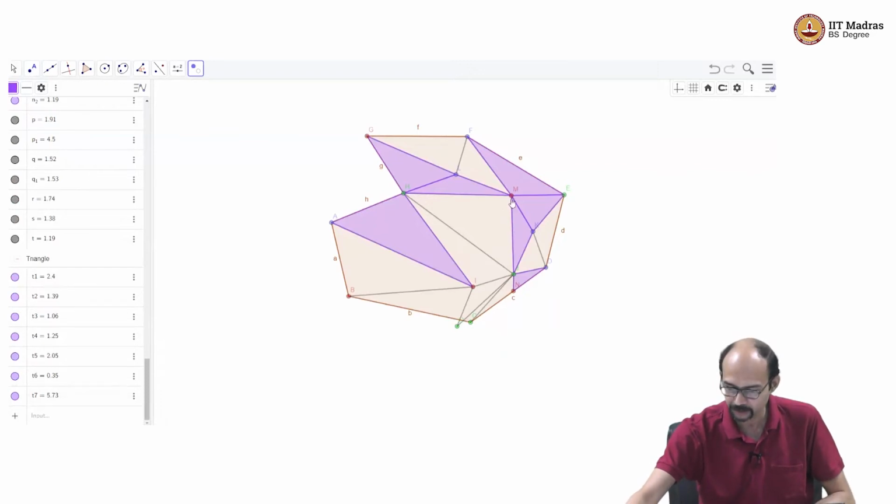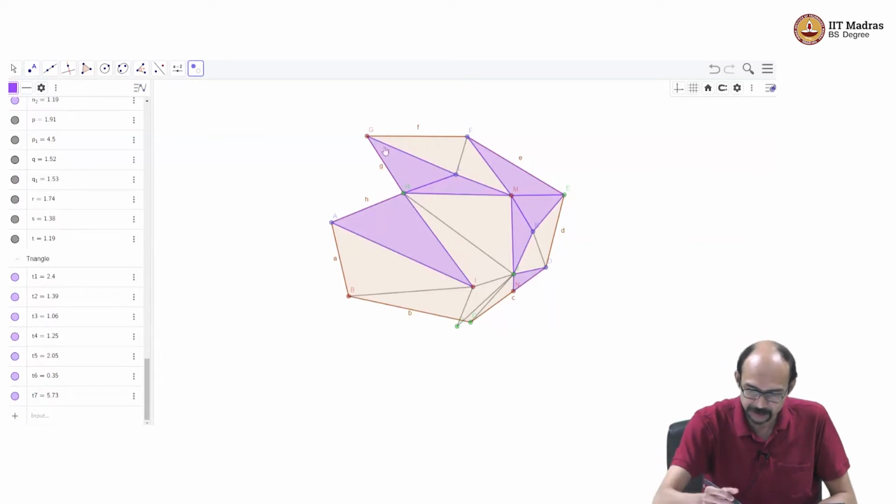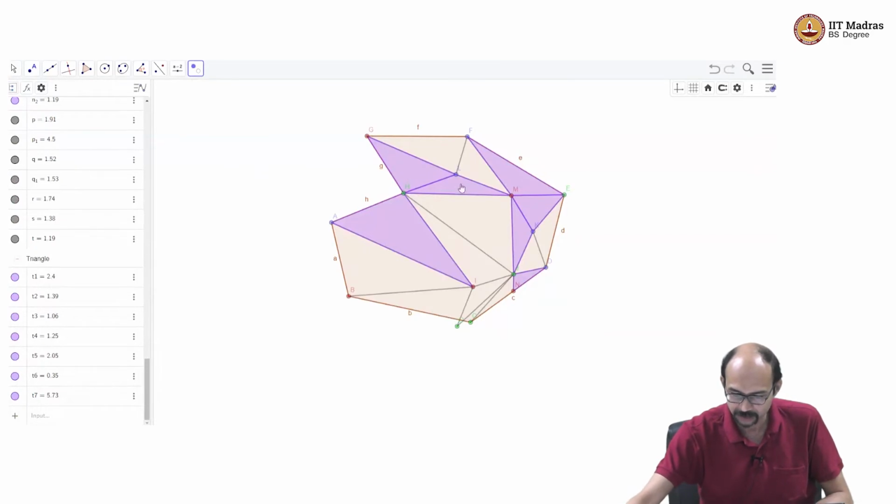Each vertex I've colored red, blue or green, and the triangles which are RBG triangles I have in a different color. So here's one RBG triangle, here's one, then here's another. So I have 1, 2, 3, 4, 5, 6, 7 triangles which are red, blue, green triangles.